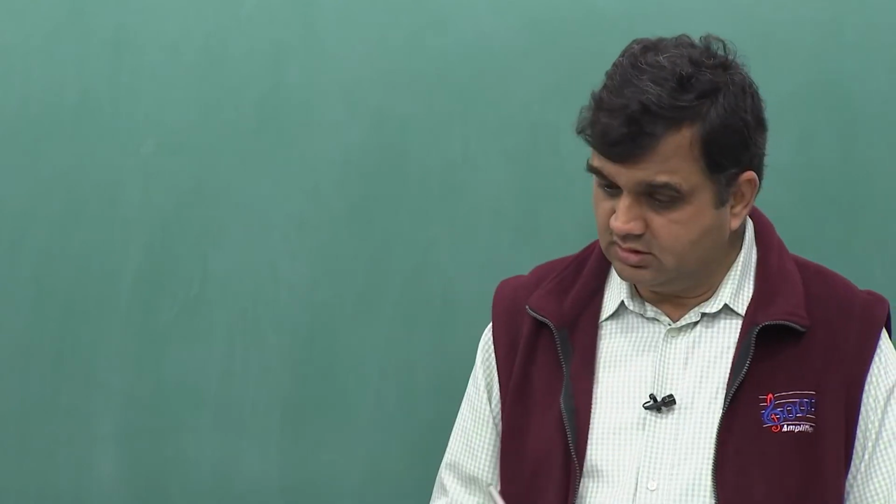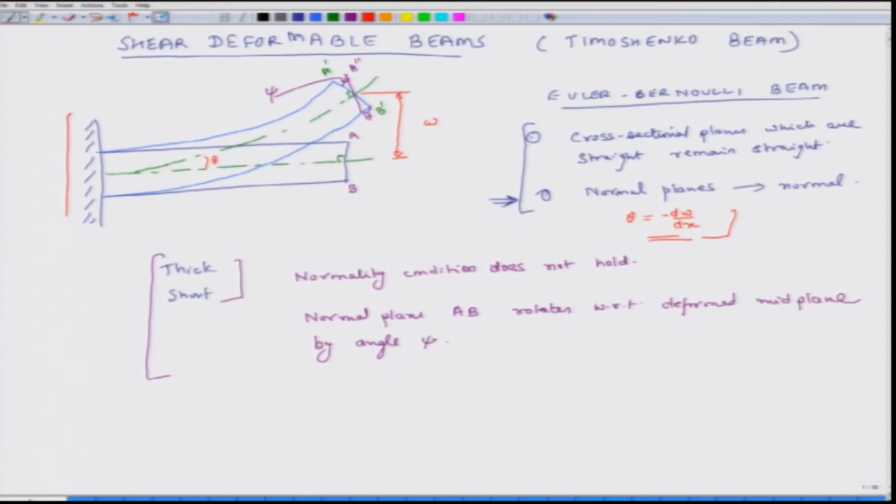So, this is the detail about a typical shear deformable beam, and in this case the shear strain is equal to psi plus dW over dx, that is the shear strain.